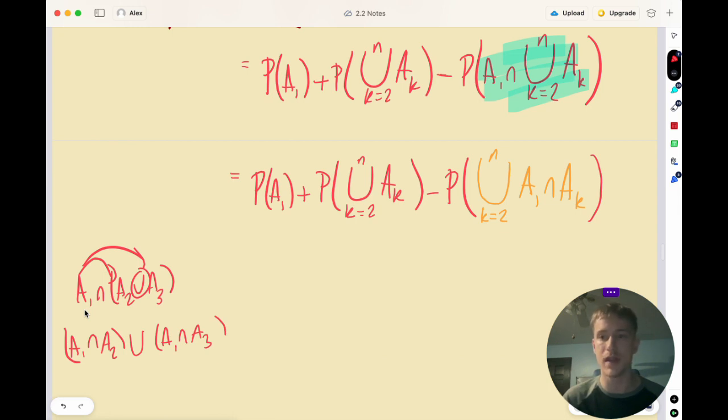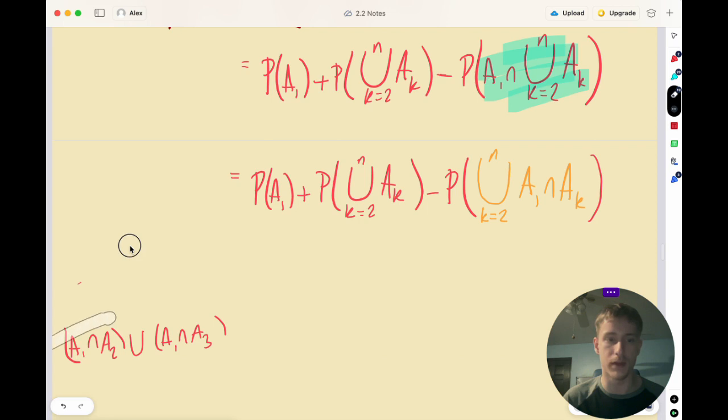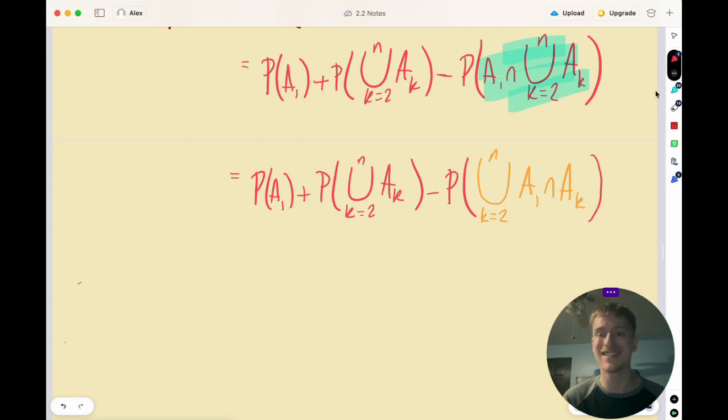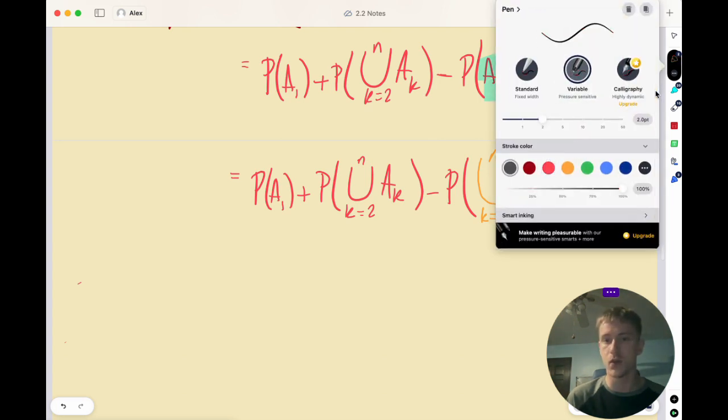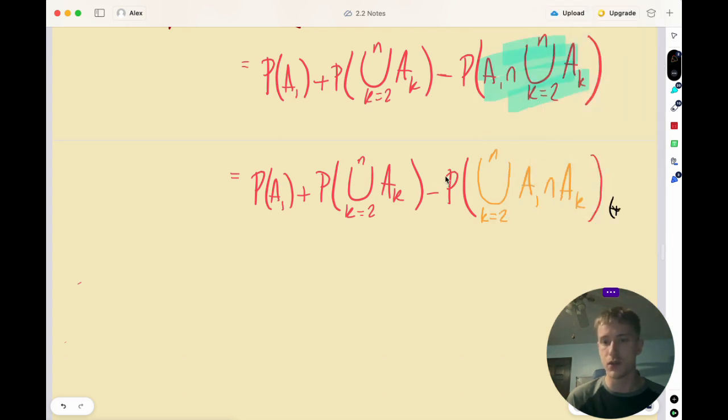So it distributes in that exact way. That's something that you'll probably see on the problem set. Now, how does this help us? Well, this is actually going to be fairly important, so I'm going to go ahead and denote it by star. And now we can actually expand this out.